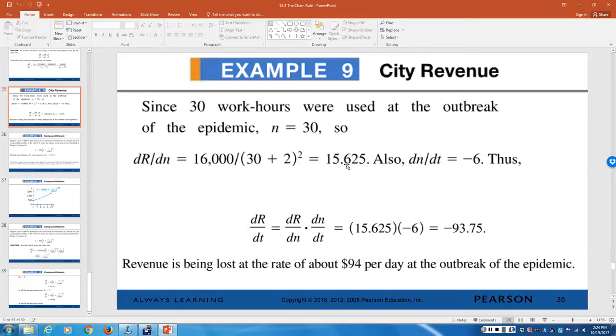It was decreasing on that day, and it's decreasing by an additional $6 every day. So the actual complete decrease is going to be $93.75. So revenue is being lost at about $94 a day at the outbreak of the epidemic.